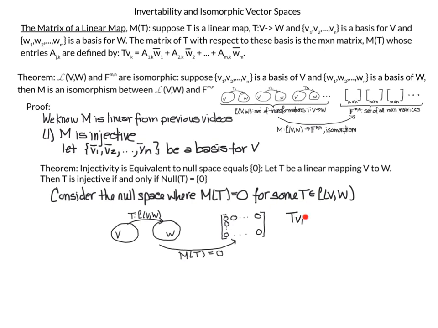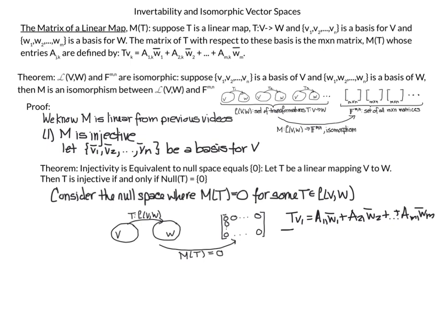I'll read it off from here. In this case K is equal to 1 because we're looking at T of V1. So we have A sub 1,1 times W1 plus A sub 2,1 times W2, all the way up to A sub m,1 times Wm.